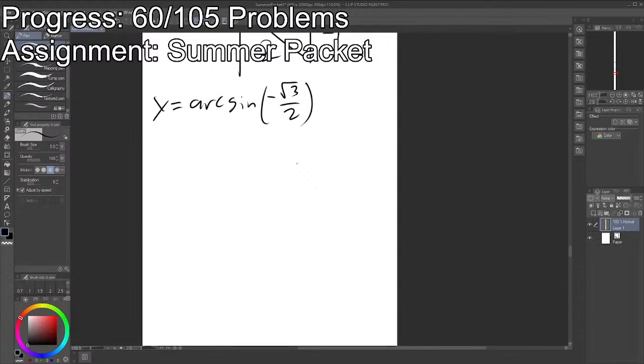Oh, it is. 60 degrees. No, it'd probably be easier if I used the calculator I have on my computer. I'm gonna do that next time.